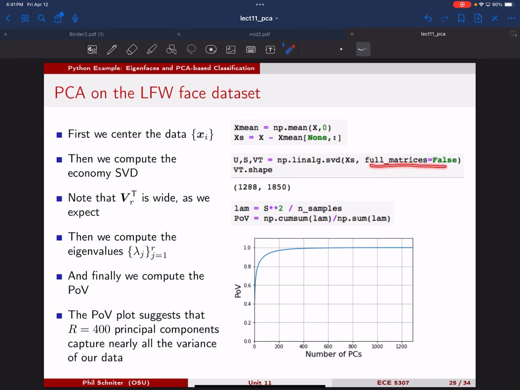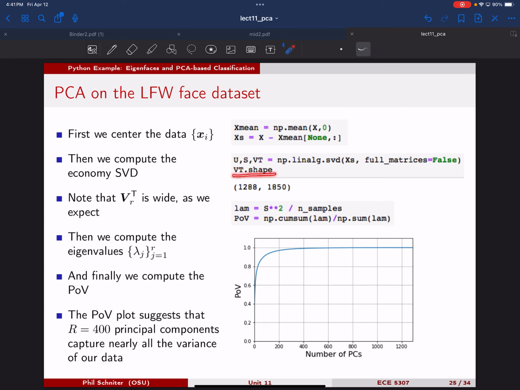By setting full_matrices equals False, we get the economy SVD. In NumPy it's given to you as U, S, V transpose, whereas in MATLAB it would be given to you as U, S, V. So you have to be aware that in NumPy they already transpose the V matrix.